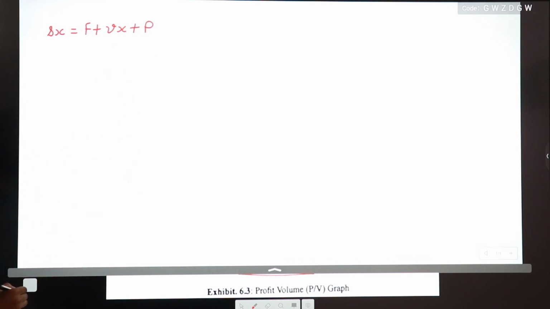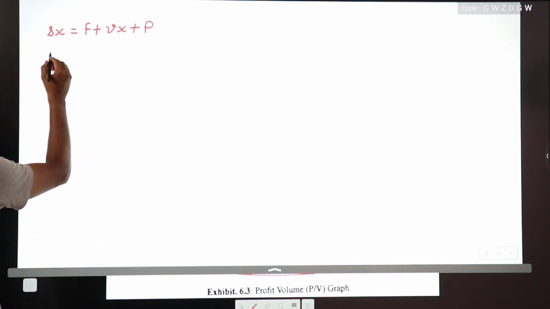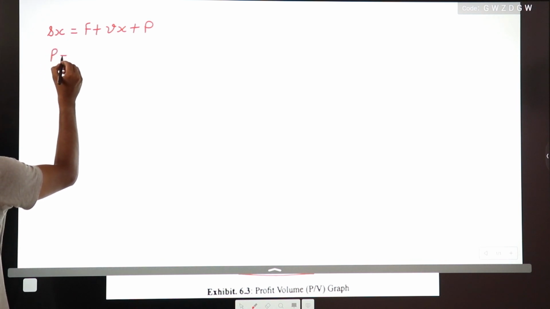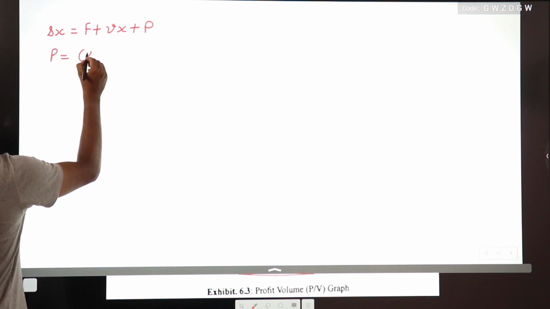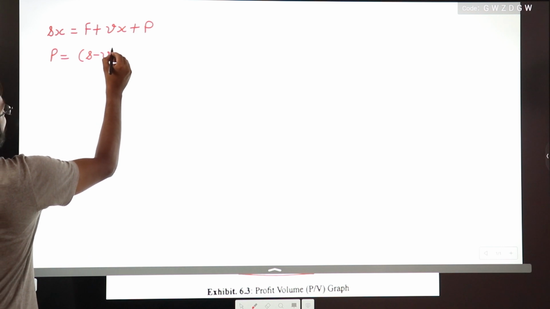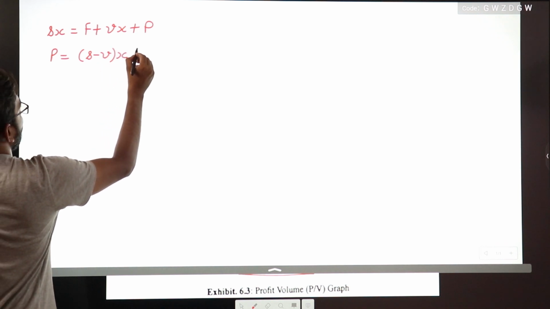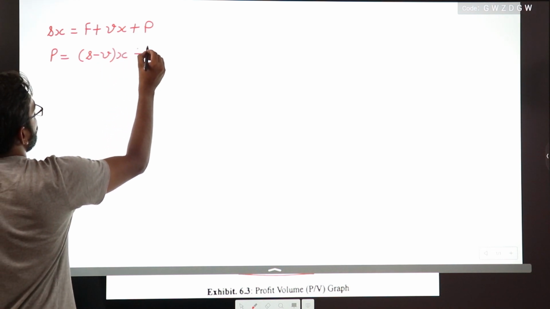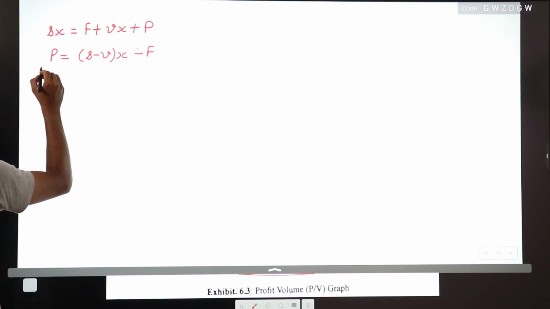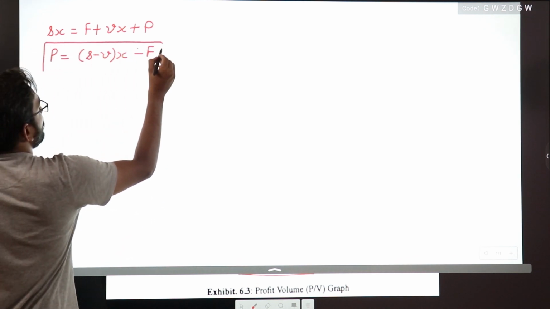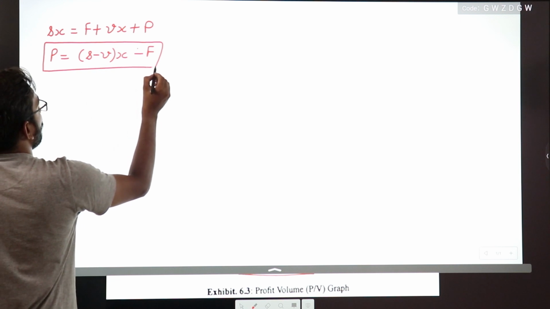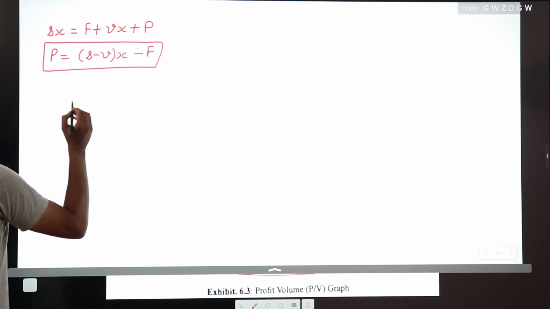From here I can write profit will be equal to (small s minus small v) into x minus fixed cost. This is the equation of a line.